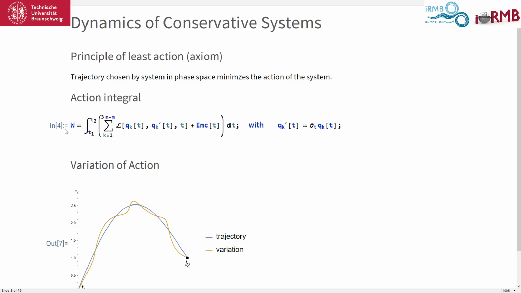So integrating all of them, the entire sum over all the particles, all the kinetic energies minus the potential energies, and then there is, in this action integral, something that is here.